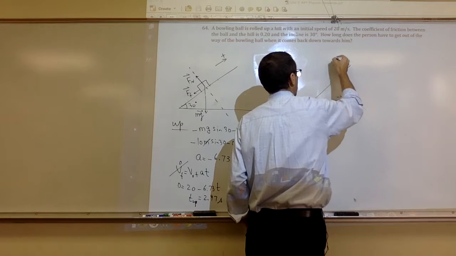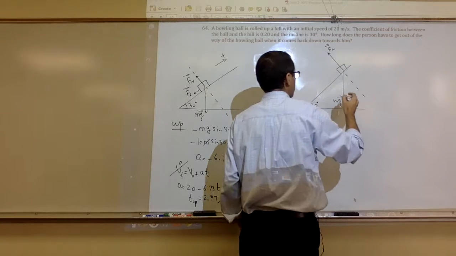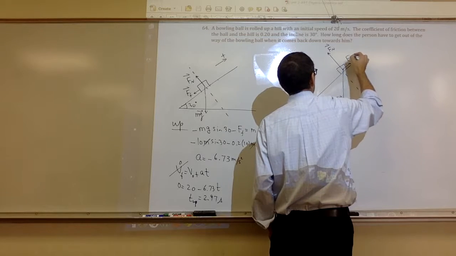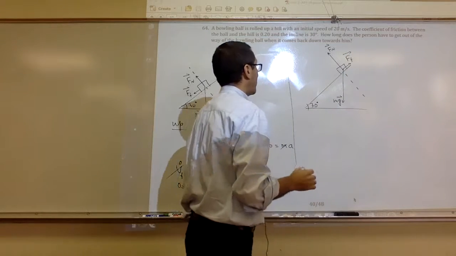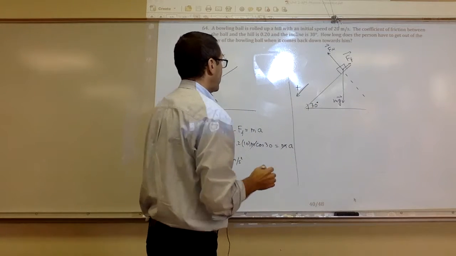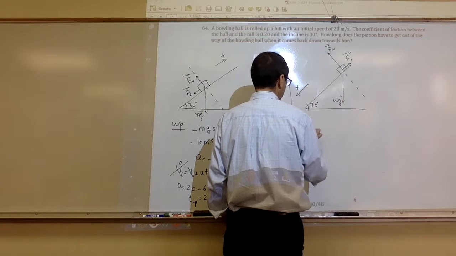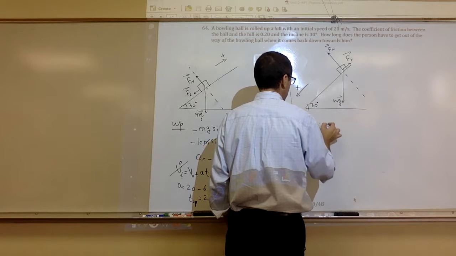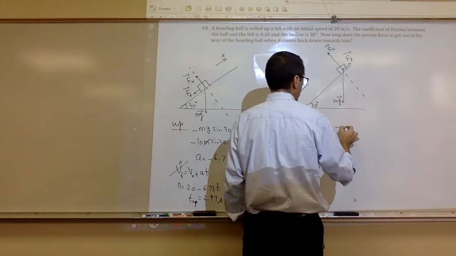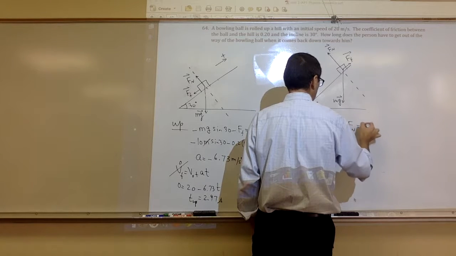You have your Fn in this direction, and friction is up the ramp. Right? Since it's coming down the ramp, this is positive. Now, the statement should be mg sine of 30 minus the force of friction, which is mu Fn, equals ma.